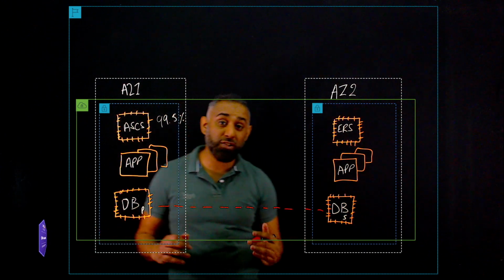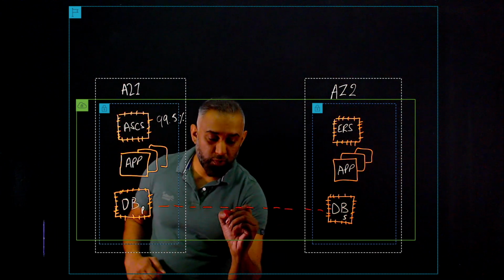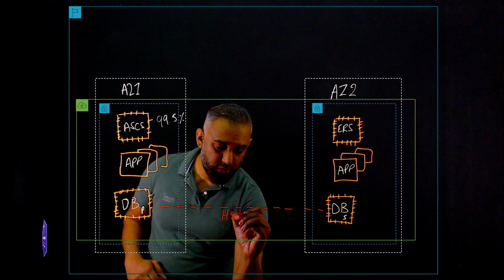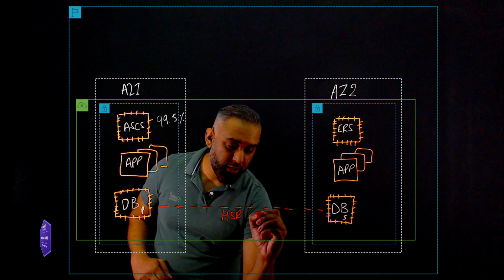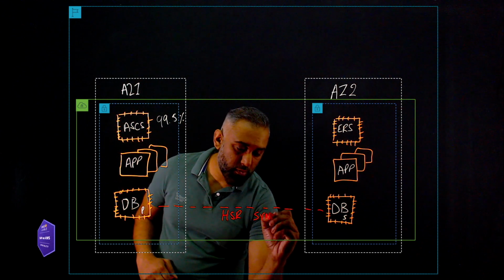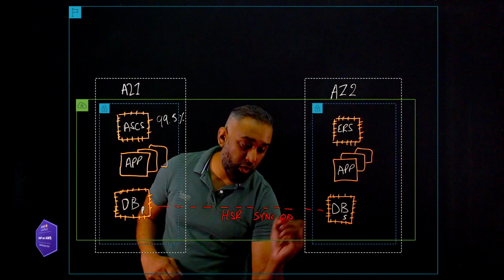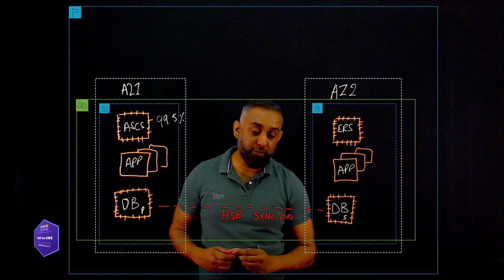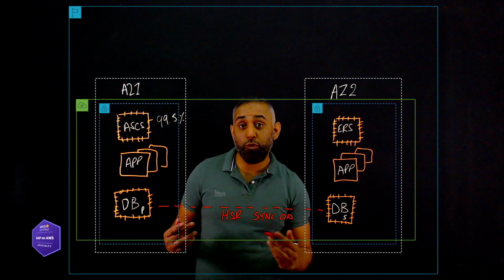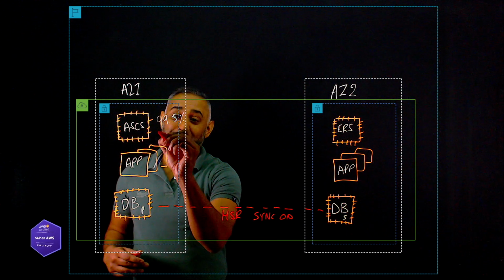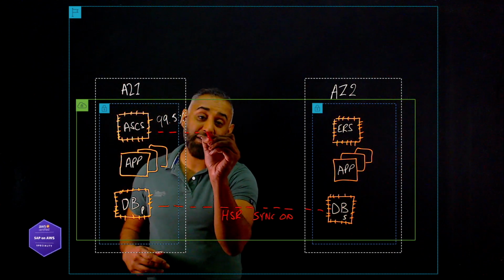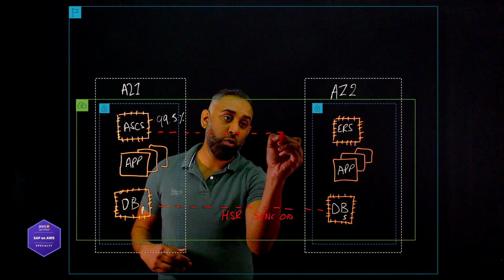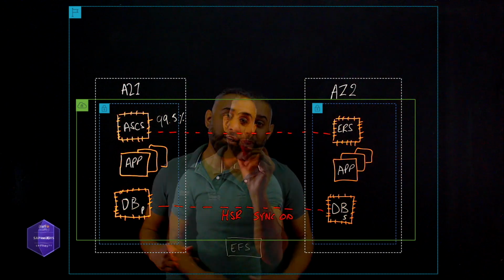And this is HSR with sync on. And then we also have enqueue replication ongoing between the ABAP Central Services to mitigate this single point of failure all the way to our ERS.